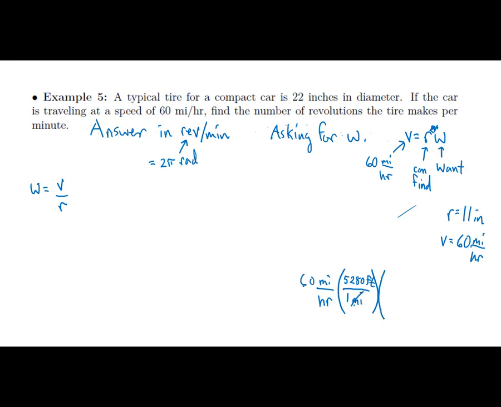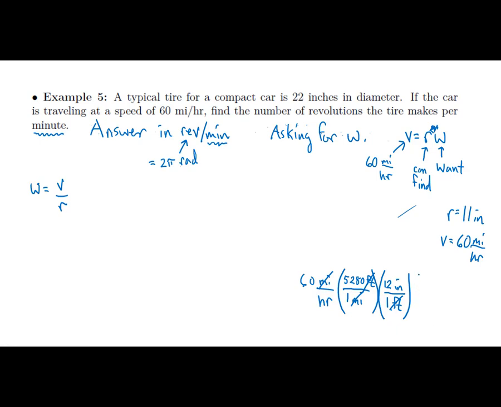But that didn't quite do the trick for me, right? I need to also get my feet to inches. But I can do that with, there are 12 inches in 1 foot. And then my feet cancel. But let's also understand that right now I'm in hours, and what I eventually want is minutes, because I want revolutions per minute.